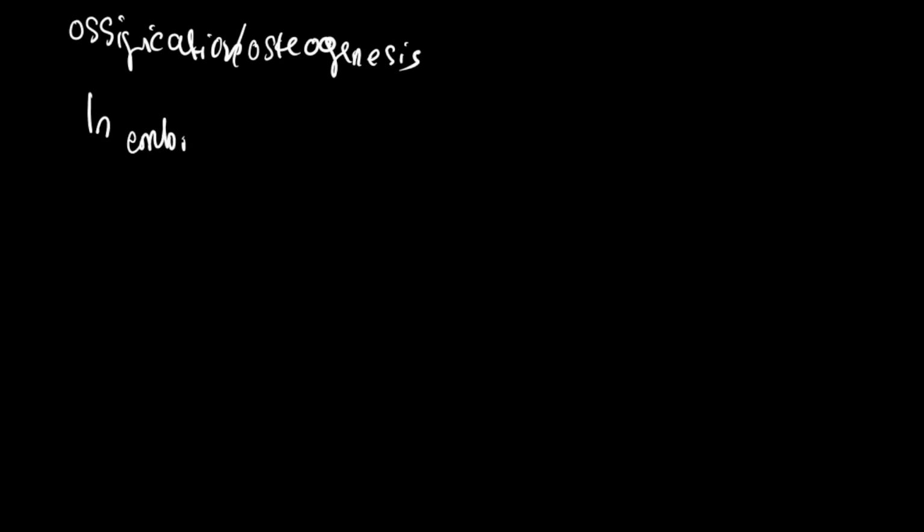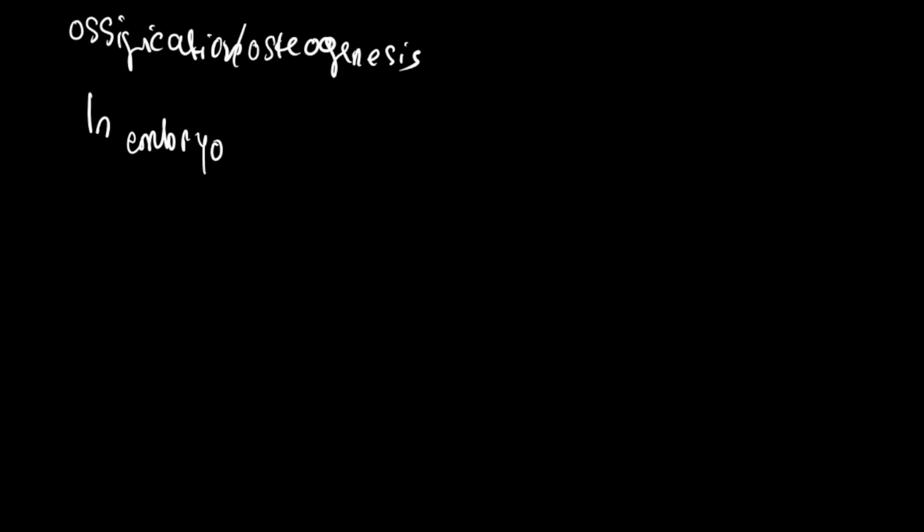In embryonic life, the process of osteogenesis or ossification is basically for the formation of the bony skeleton, the skeletal framework of the body. While in adult life, osteogenesis or ossification mainly serves the process of bone remodeling. As we stated earlier, bone remodeling is the process of bone reabsorption and formation.